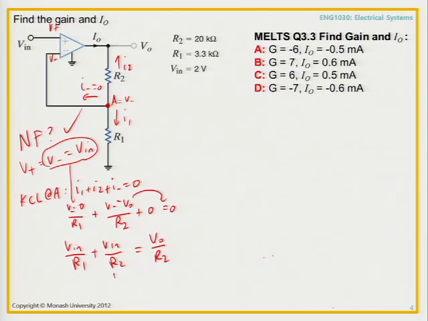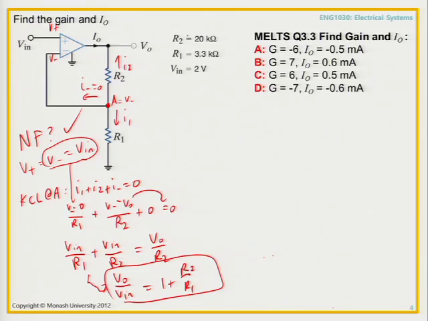And therefore V out over V in is equal to 1 plus R2 over R1 after a little bit of algebra. You might recognize this as our non-inverting amplifier that we saw yesterday.